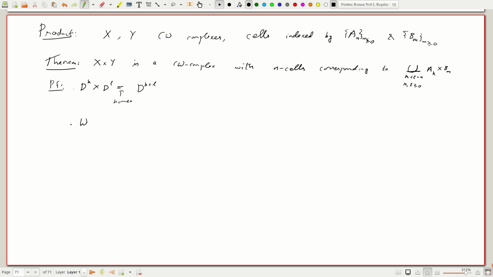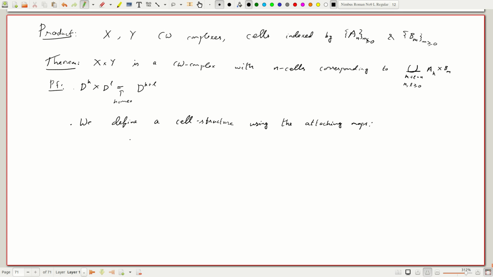Okay, so we define the cell structure using the attaching maps. So what I want to do using the attaching maps, so phi, let's set up what notations do we have.